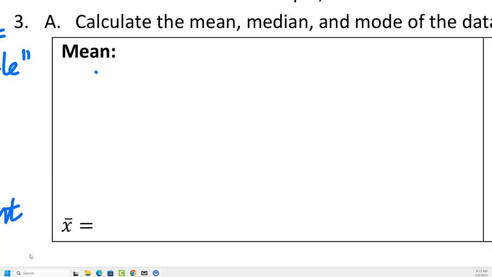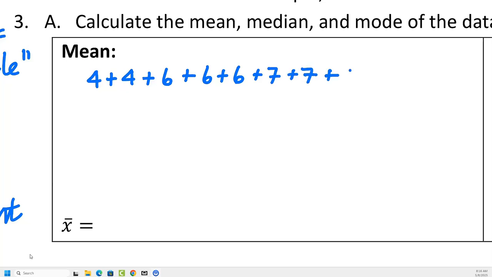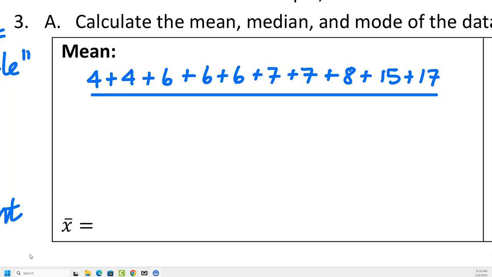So that would be 4 plus 4 plus 6 plus 6 plus 6 plus 7 plus 7 plus 8 plus 15 plus 17, and then all of that divided by how many numbers there are. Well, I see, let's see, 1, 2, 3, 4, 5, 6, 7, 8, 9, 10 numbers. So I'm going to divide that by 10.